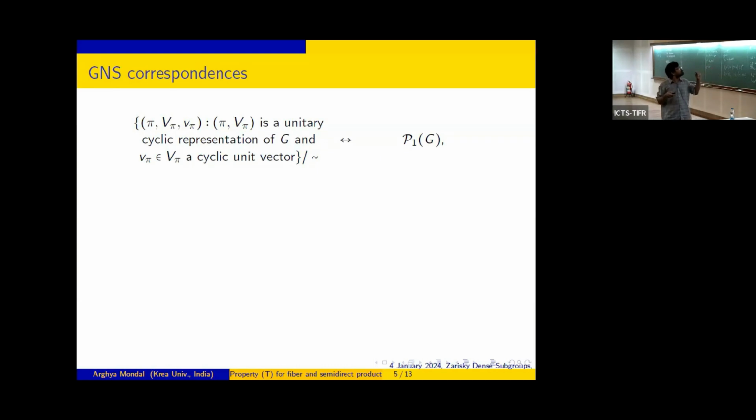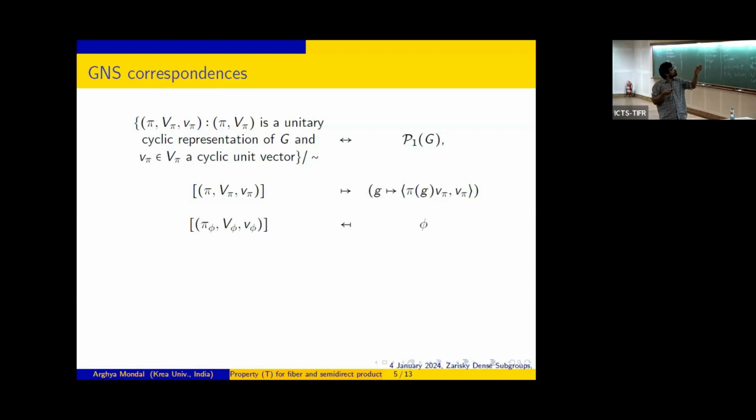And two such pairs will be equivalent if there is an intertwining operator which takes the cyclic vector to a cyclic vector, an isometric intertwining operator. And on the right-hand side, you have certain L infinity functions on G. I am not going to give a definition of it, but the way to go from one side to the other is to just consider the diagonal matrix coefficient. And the interesting thing is that you can actually go back. That is the GNS construction.